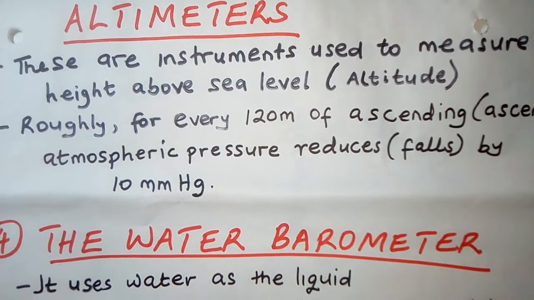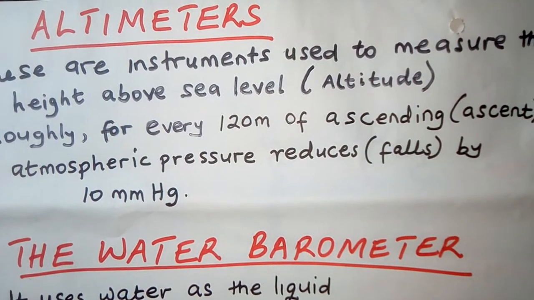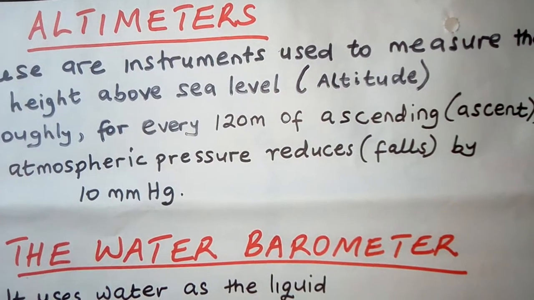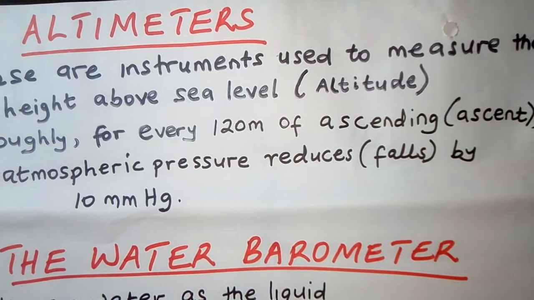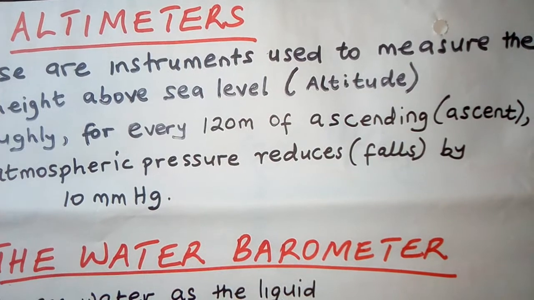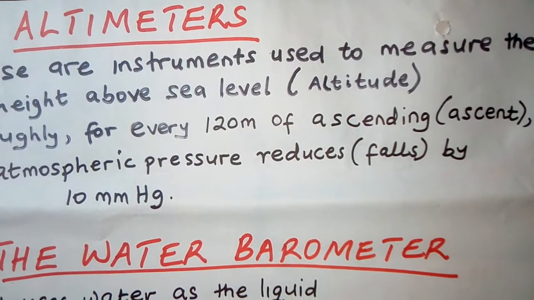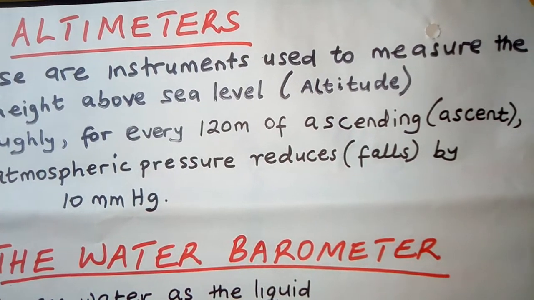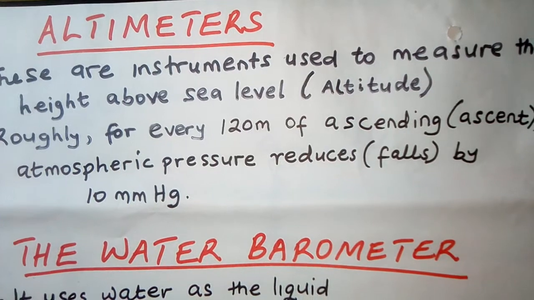So if you started at the foot of the mountain with 760 millimeters of mercury as the reading on the barometer, immediately you move 120 meters upwards, the reading would be 750, meaning it has reduced by 10.